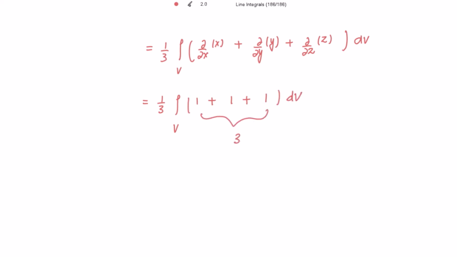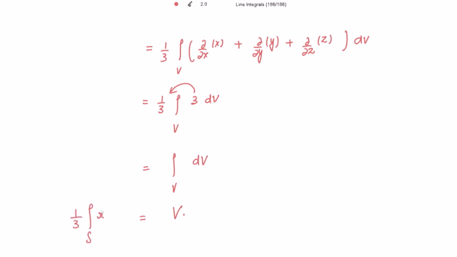This is 3. So writing this as 3 dV. Taking this 3 outside, we get this to be the volume integral of dV, that is equal to V. Hence we have proved that 1/3 of the surface integral of r vector with dA vector is equal to the volume V that is enclosed by the surface S.